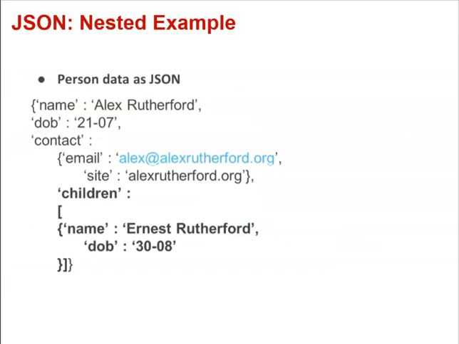Now, one of the benefits of a JSON document is that you can have nested data also. So in this case, if the person has children, you can also include that. If you want to add children for this person, you can do that as well. This is more like a Python list that you're adding over here, and then within that list you can add details regarding the children also: what is the name, date of birth, and so on.